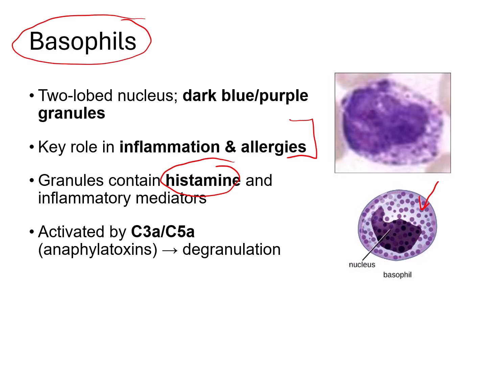Basophils can be activated by the complement proteins C3a and C5a, and remember these were previously called anaphylatoxins, and when this occurs, this triggers degranulation of the basophils.